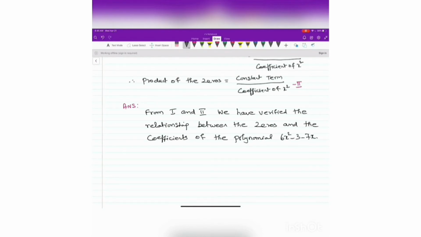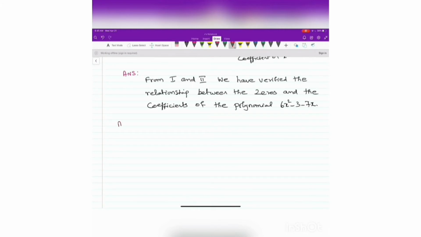As I told you, for writing the answer separately, you will be given marks. So, the final answer, you have to write both the parts together.